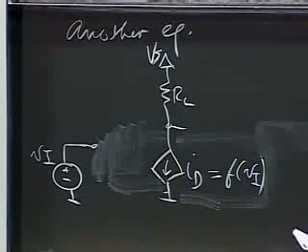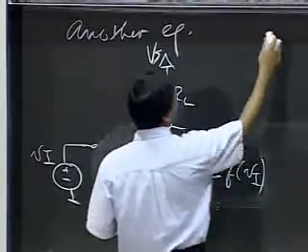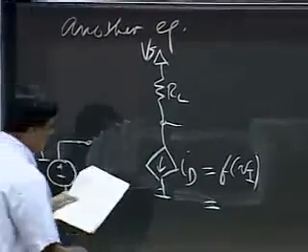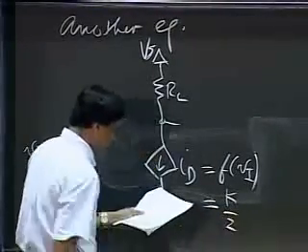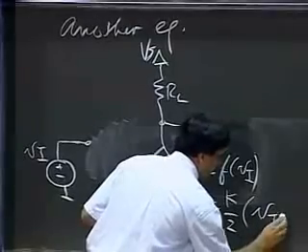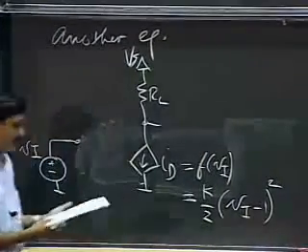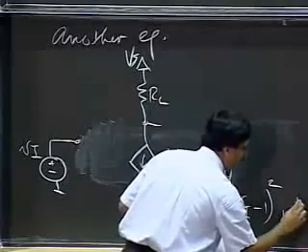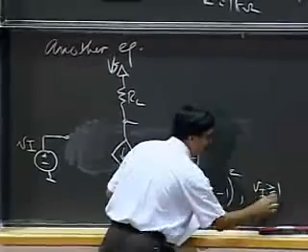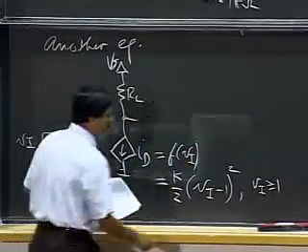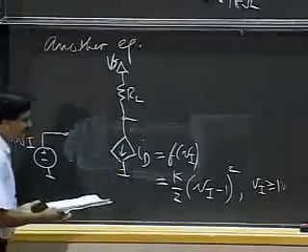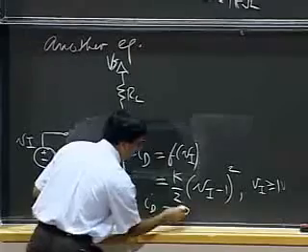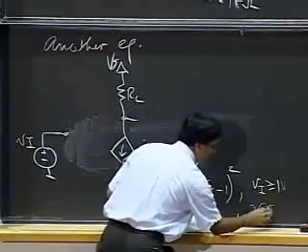Okay? So let's work the example. So as I said, I'm going to choose ID to be f of Vi. And let's pick some specific parameters here. Let's say it's K by 2, Vi minus 1 whole squared. Okay, and let's say this is true for Vi greater than or equal to 1 volt. And let us also say that ID equals 0 for Vi less than 1 volt.